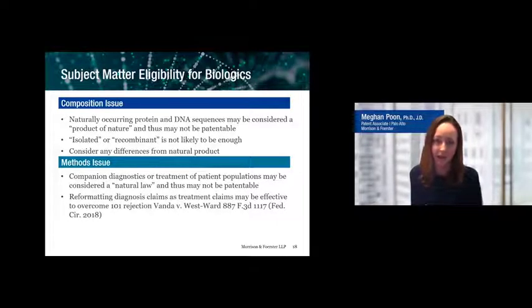Or maybe you have a nucleic acid and you want to incorporate nuclease resistant base pairs so that the nucleic acid won't be degraded by a cell. Then again, that takes you out of the naturally occurring product realm. So all of those small differences are potential ways to avoid the subject matter eligibility trap for composition type claims.